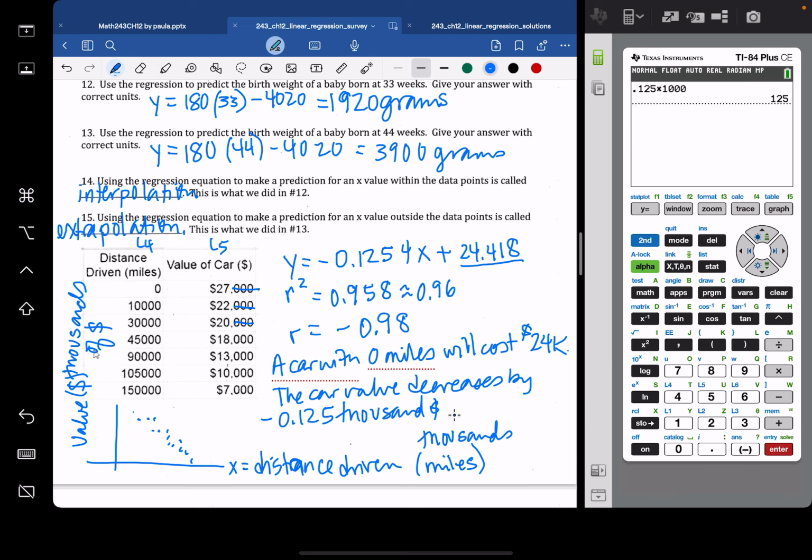Okay, so the car value decreases by $125 for each 1,000 miles driven. Sorry, that's so crowded there. Okay, so if I had entered all these zeros in, then I probably would have just had 125 there. But that's the interpretation of the slope for this example. And I think you have something similar to this in the online homework.